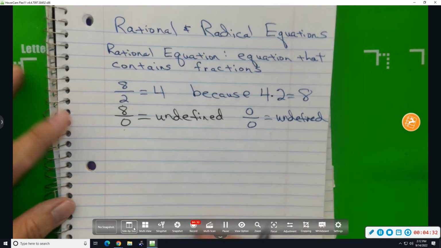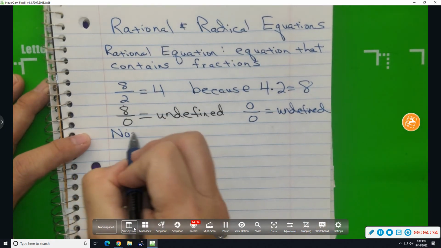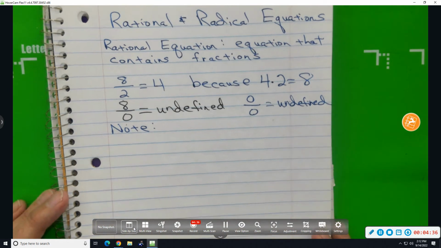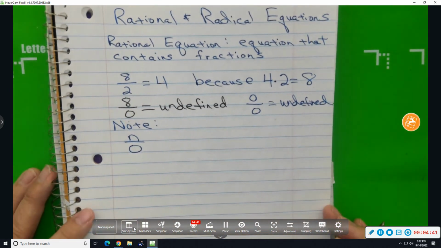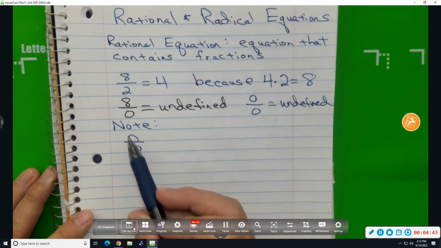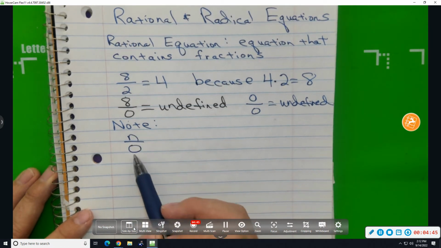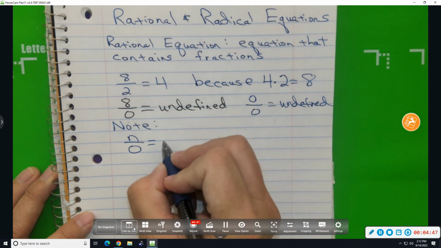So, let's make a note. A number divided by 0. That says no, you can't do it. N-O, no. That is undefined.